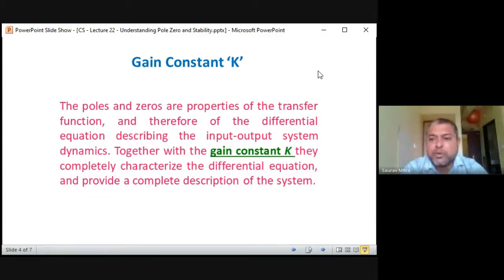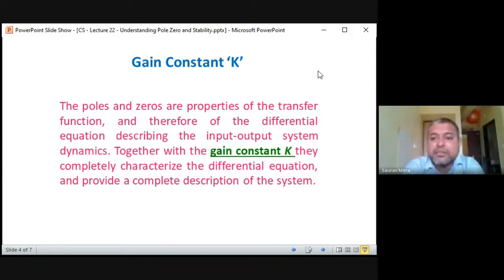The main important thing you have to understand is that depending on the value of K, the position of the system poles shifts. I will repeat, you can write it down in your book, because this is the basic concept of root locus, which is the topic of our fourth chapter.